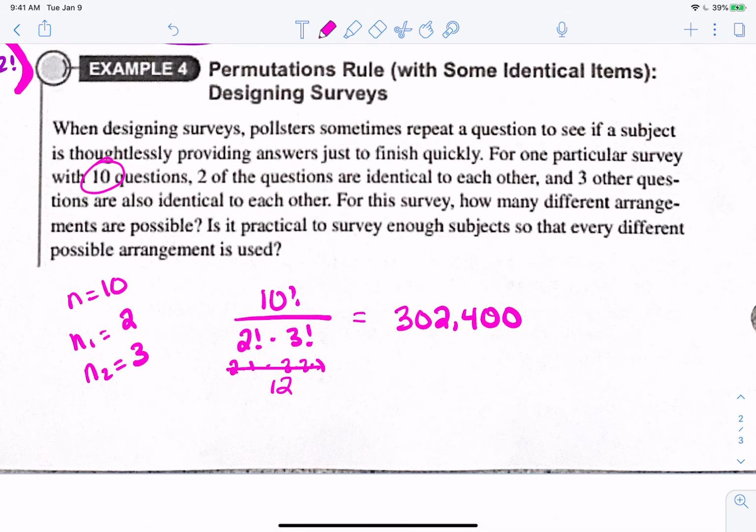Is it practical to survey enough subjects so that every different possible arrangement is used? Would you survey that many people? No. I would probably only use maybe 50 different combinations max of the survey and survey maybe 1,000 people.